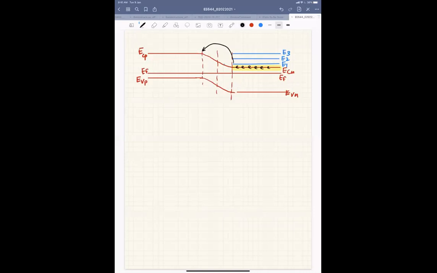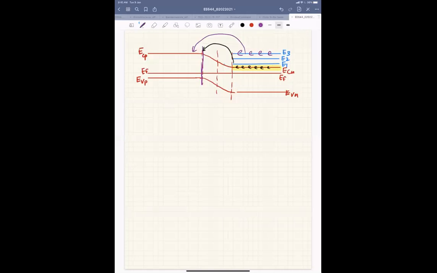Since they are at the same energy level, it is very easy for an electron here to be injected into the P side, because they don't need any energy boost, right? So if the electron is at E3, it can be easily injected, and there is a possibility that these electrons can be found at the edge of the depletion region in the P side, right?